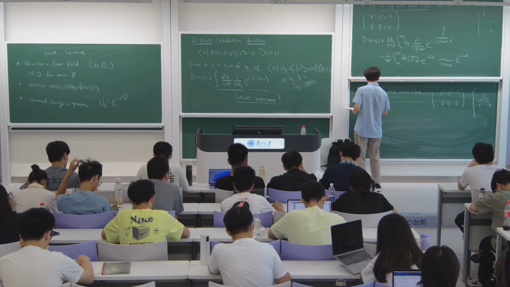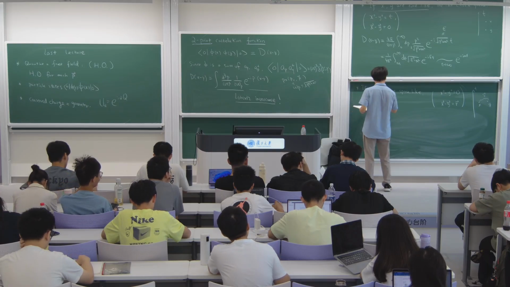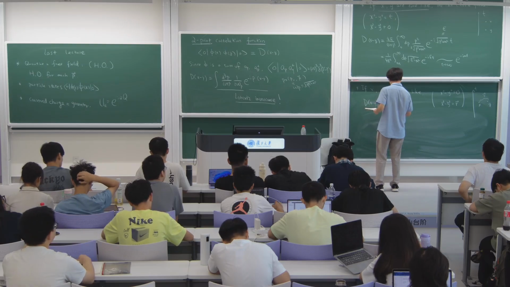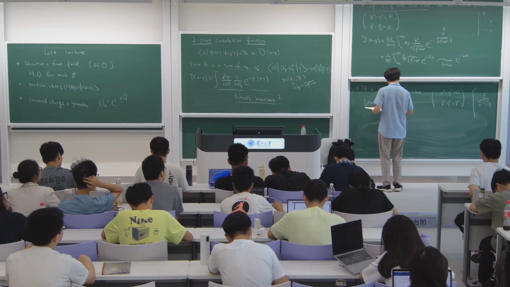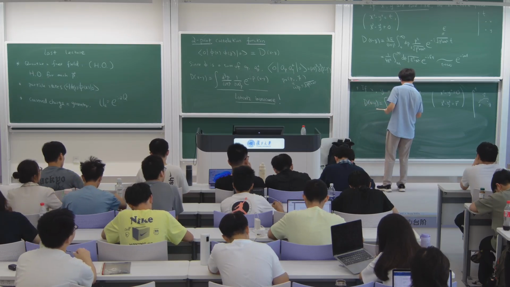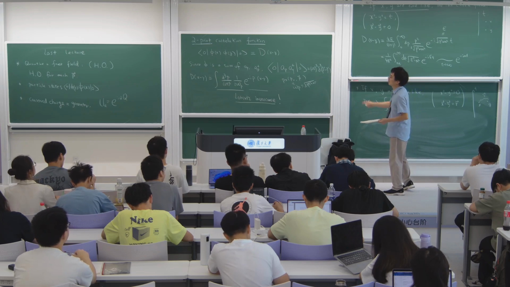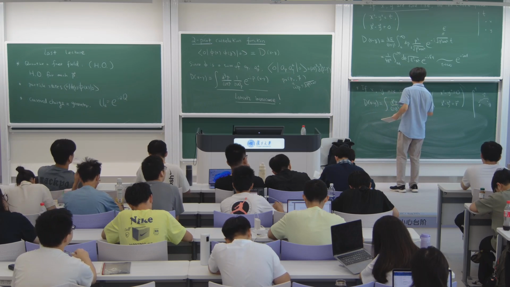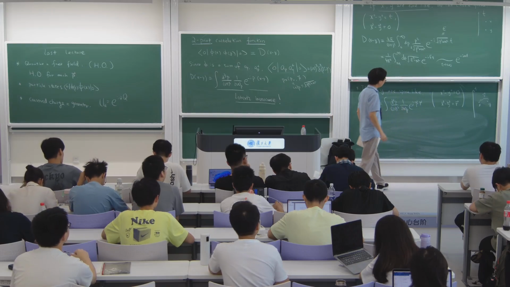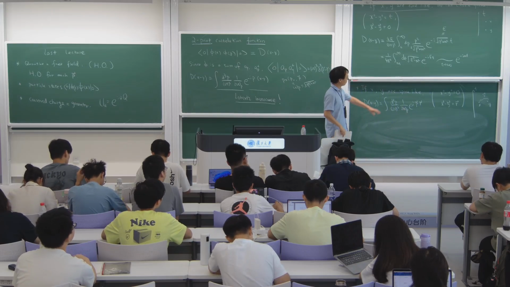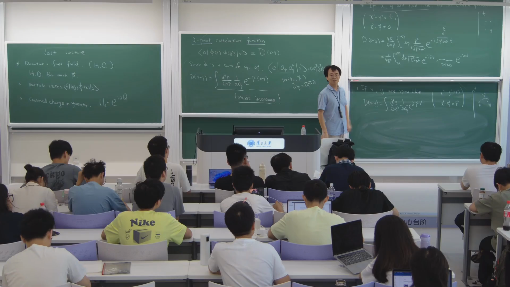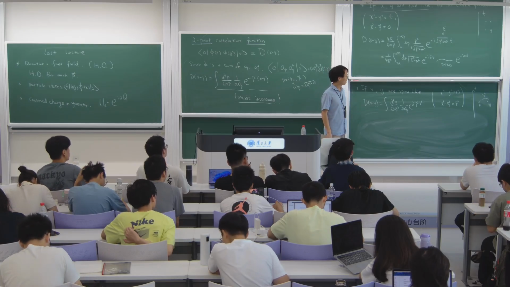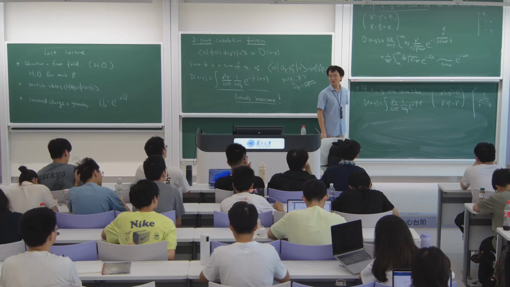Now what happens for my integral? It becomes a little simpler. Instead of four-vector inner products, now I only have three-vector inner products, because t is 0.